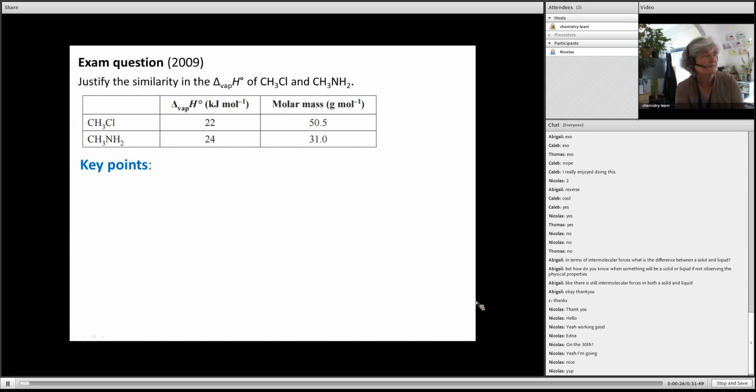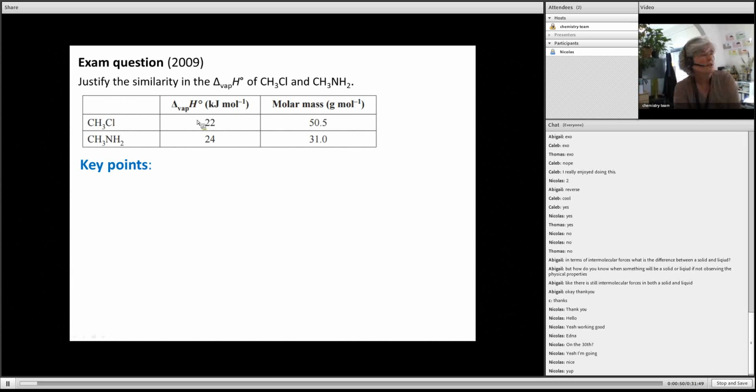Then it's all done. So here's an example where they use delta H VAP, that's vaporization, to talk about the intermolecular forces. So you may get it as a thermochemical question where you might have to write equations and do Hess's law and all that sort of thing, or you can get it to explain the intermolecular forces.